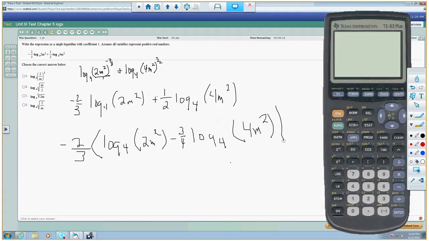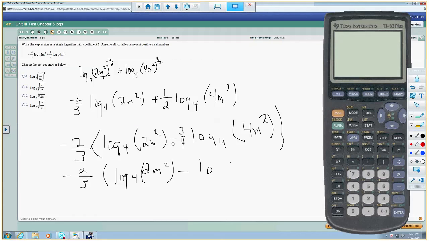Now, leave that 2/3 out there, and I think that's where you're getting the third root coming from. So now, take this and make it into what? One logarithm. Negative 2/3, parentheses, bring this up over here, and that's going to be log base 4 of 2m squared minus log, or would that be a plus?